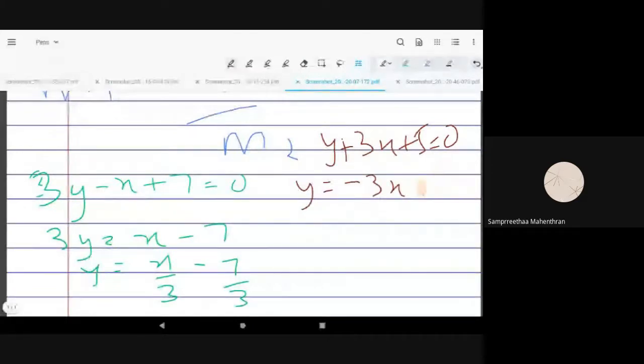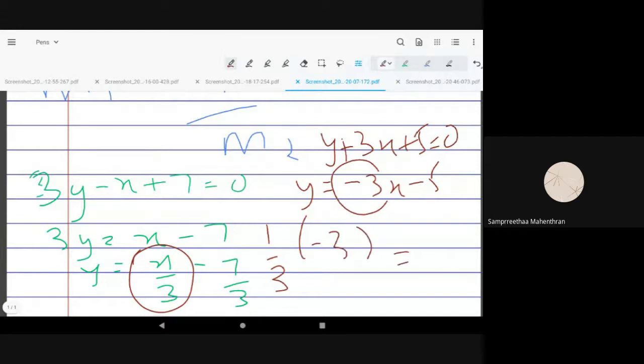So bring to the right side and change the sign. So here we have -3. So this m is 1 over 3, and this m is -3. So we check 1 over 3 times -3. So we get -1. So they are perpendicular.